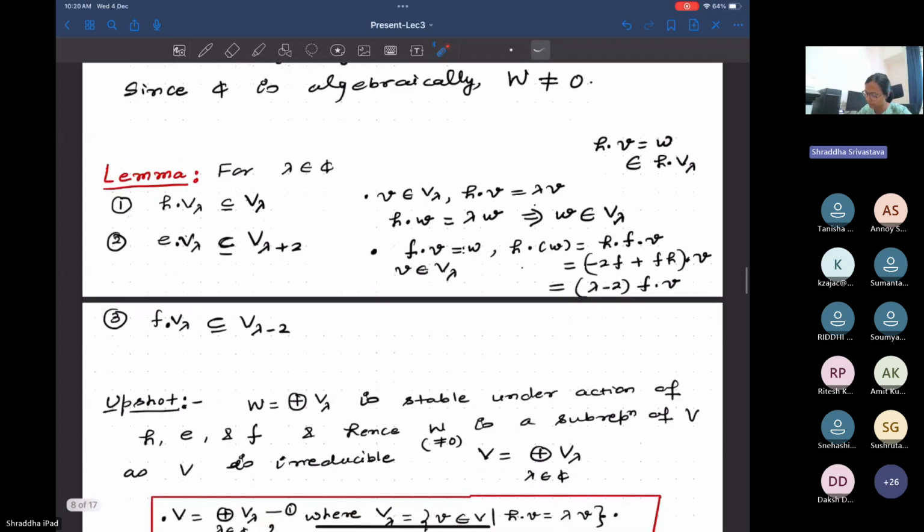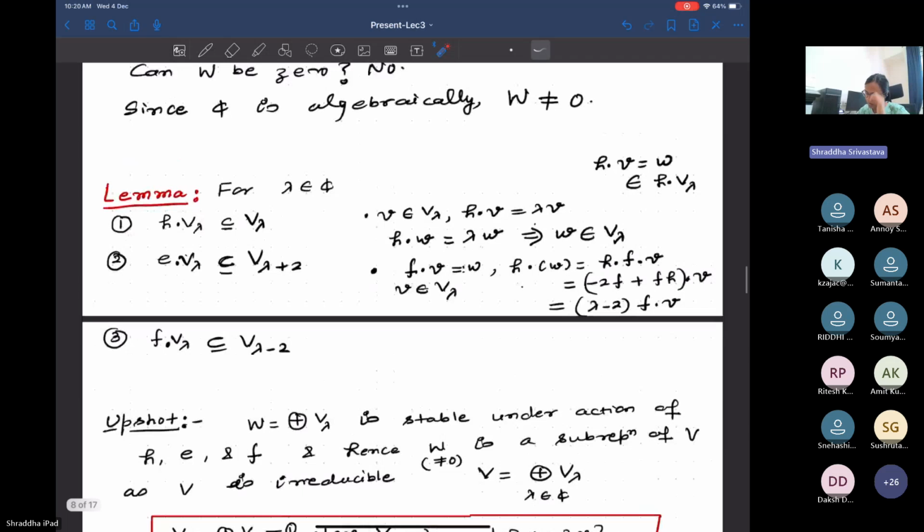So the upshot is that this W, which is a direct sum of V lambda, where lambda is running over complex numbers, is stable under the action of this, and hence W is actually a sub-representation of V. And we have already said that W is non-zero because we worked over the field of complex numbers. So this W must be the entire V.